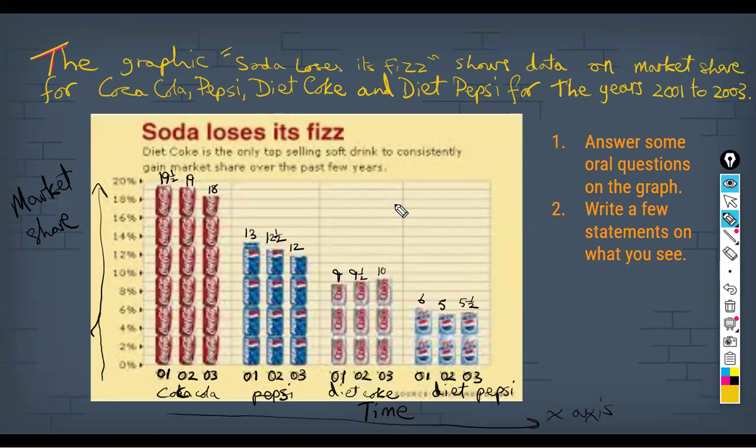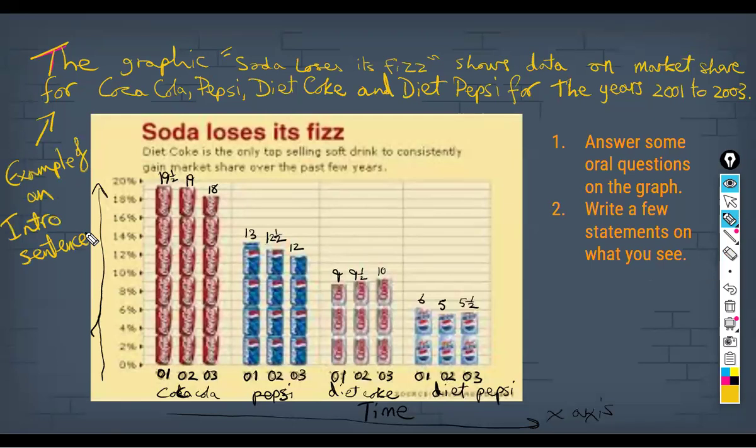So guys, please take down the sentence and you can label it sample or example of an introductory sentence, right? My label is going below, but you could put yours on top. All right.